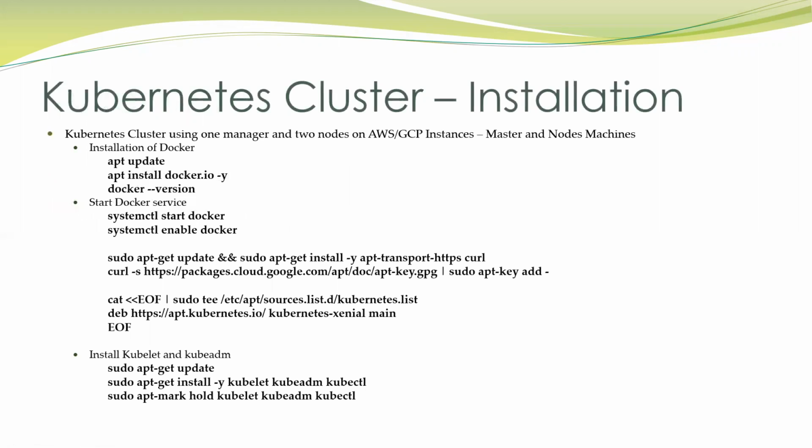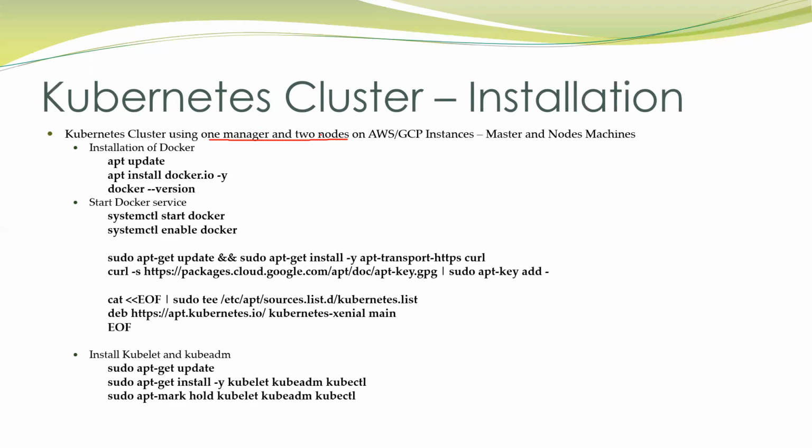So the first step for this Kubernetes installation, we need some servers: one manager and two nodes, as we discussed earlier. At least one manager is required and two nodes. We can take more nodes and more managers, but in this demo I'm covering only three systems: one manager and two nodes.